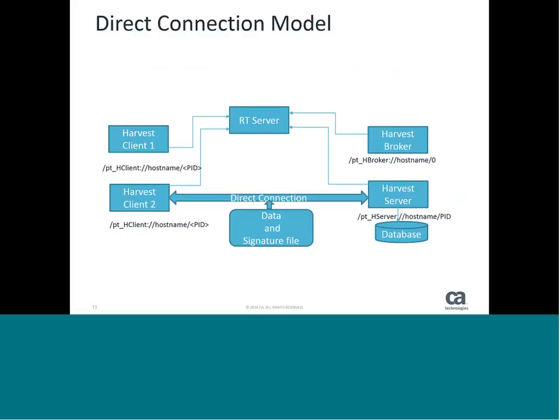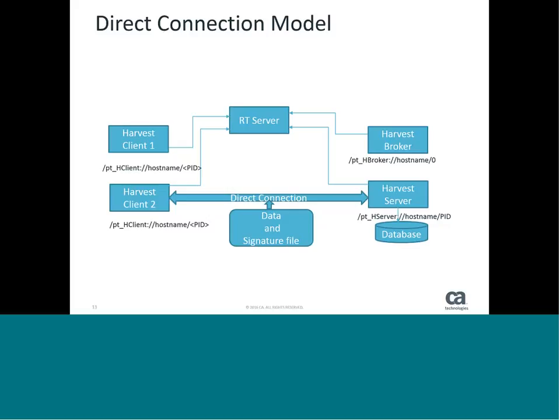In check-in, what will happen? Some file or some data from the developer's machine will go from the client machine to the server, and the server will store that data into the database. When this actual data transfer happens from the client machine to the database via the Harvest server, a direct connection will be made between the client and the Harvest server, and all the data related to the file will be copied over it.